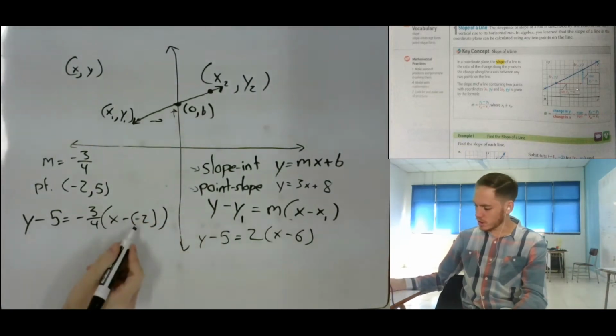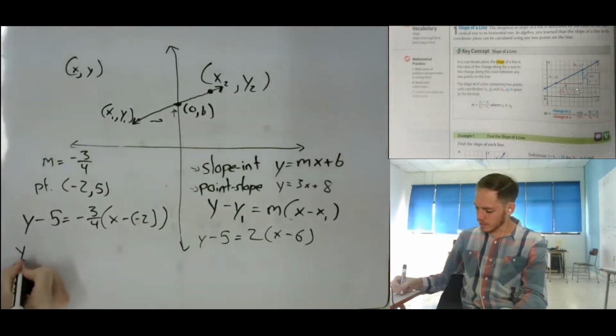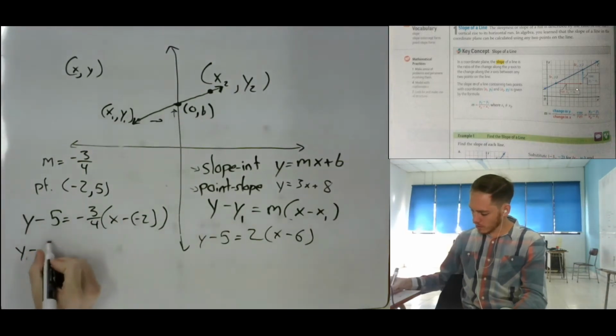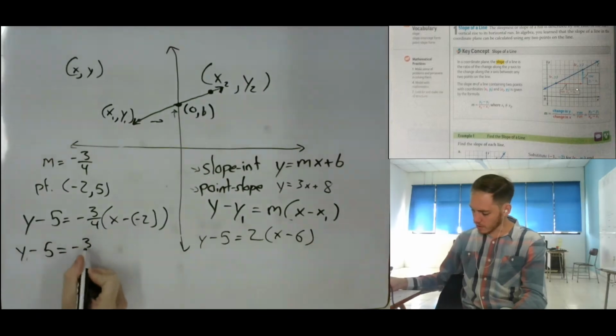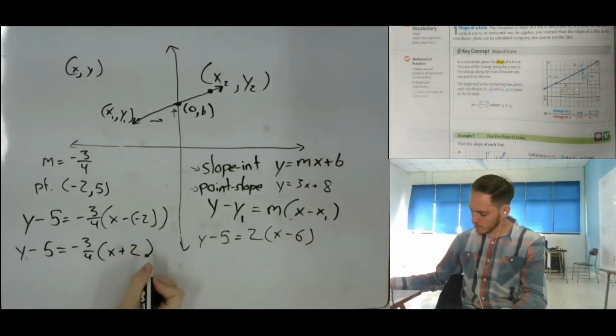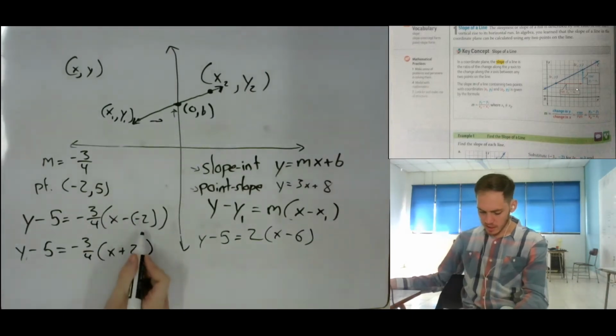So y minus 5 equals negative 3 over 4 times (x plus 2). Right, a negative minus a negative is a positive.